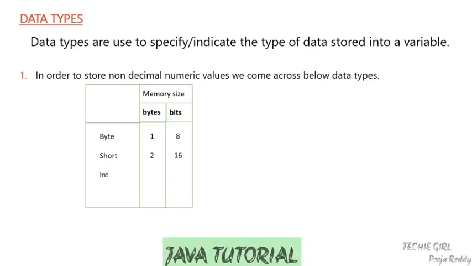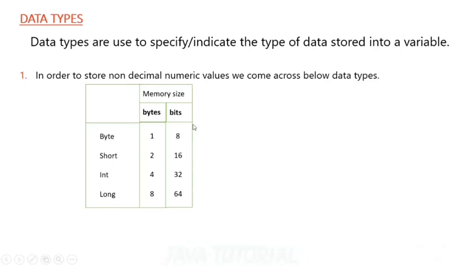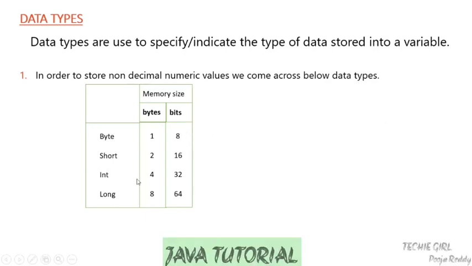Integer can store 4 bytes of data, which is equal to 32 bits. And long can store 8 bytes of data, which is equal to 64 bits. So these are all the data types we can use to store non-decimal numeric values. Based on the memory size of your data, you can choose the data type that you need.